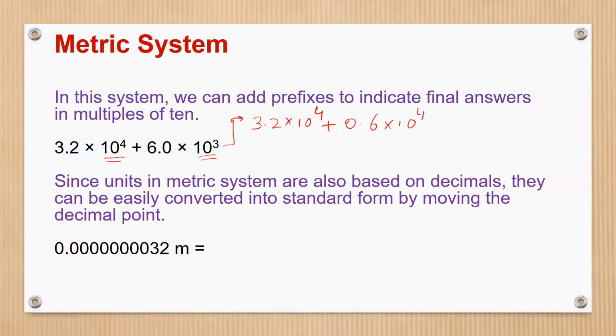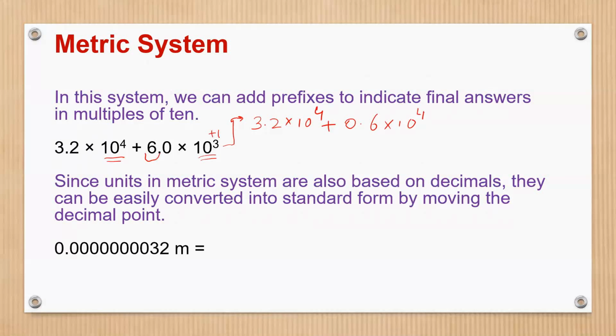So we are going to use two rules over here. Number one, when you move the decimal point towards the left, the index number will be positive, and it will be increased by the number of places moved. So we move the decimal to the left by 1 place, so we can add +1.